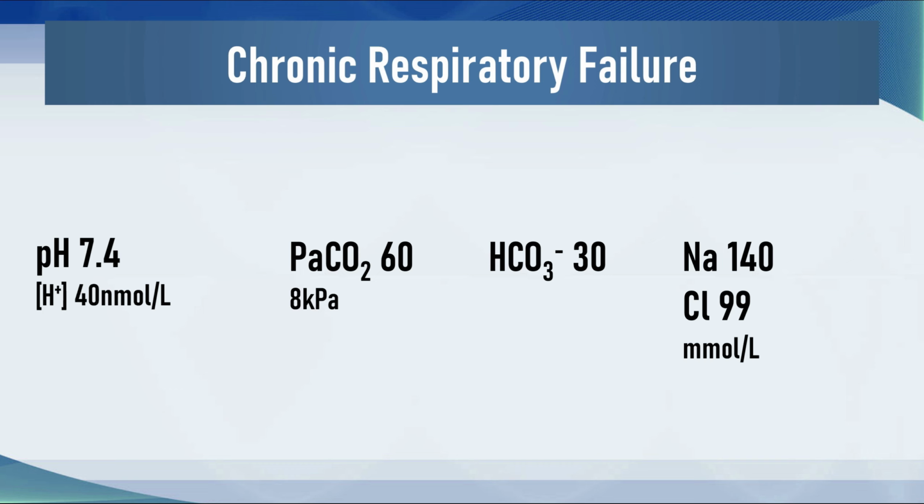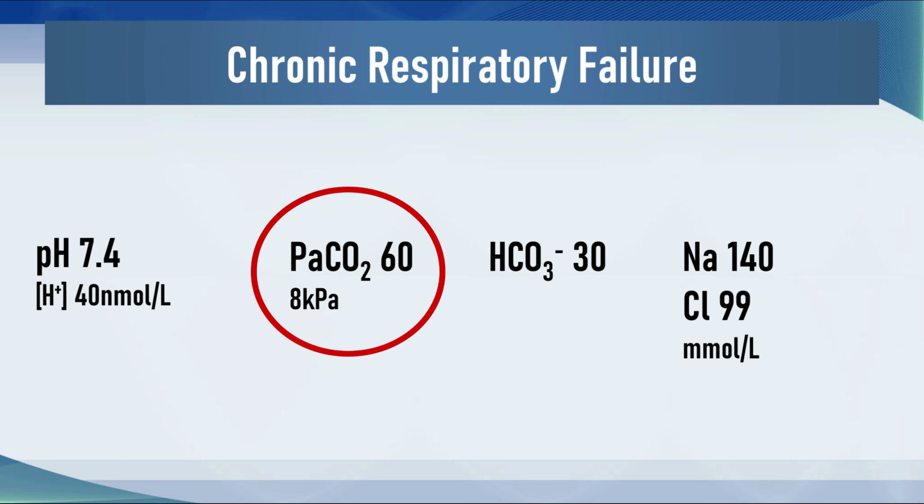If the patient hypoventilates for a prolonged period of time, days or weeks, then the body needs to make adjustments to restore homeostasis. In this example, this patient has a normal pH, but the PaCO2 is high. It is 20 millimeters of mercury higher than one would expect. Note that the bicarbonate is significantly higher than expected also. It is 30 millimoles per liter.